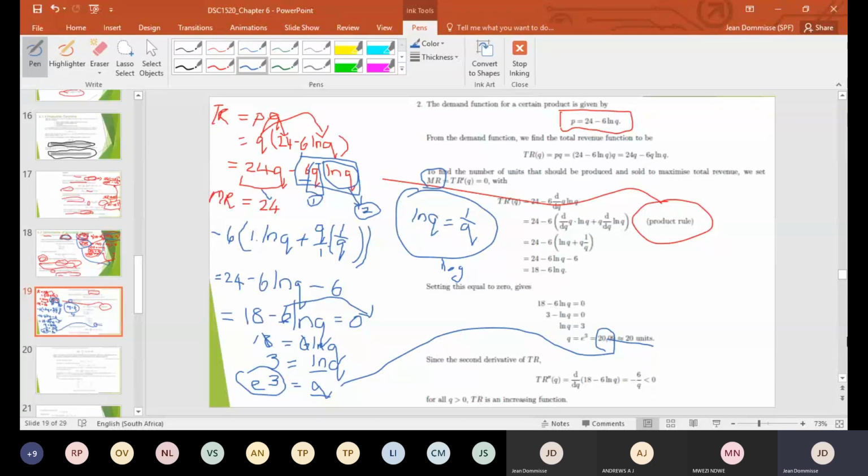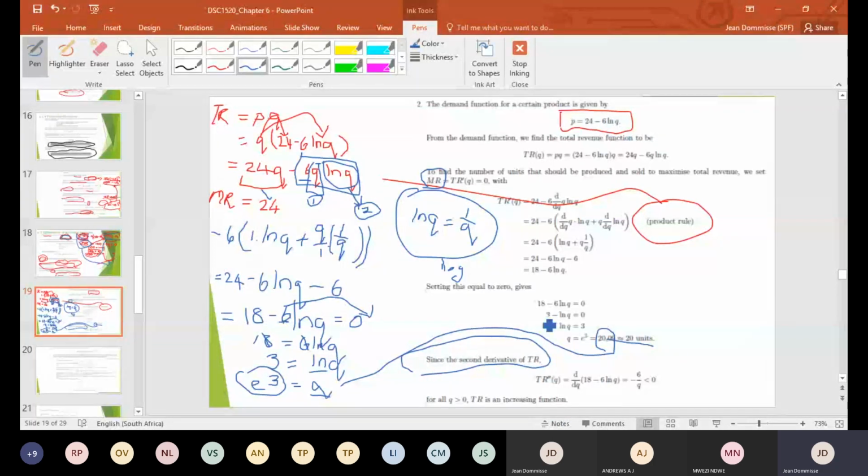So now again, Siska, where you were talking about the second derivative, if we need to understand if it is an increasing function or decreasing function, we will work out the second derivative.